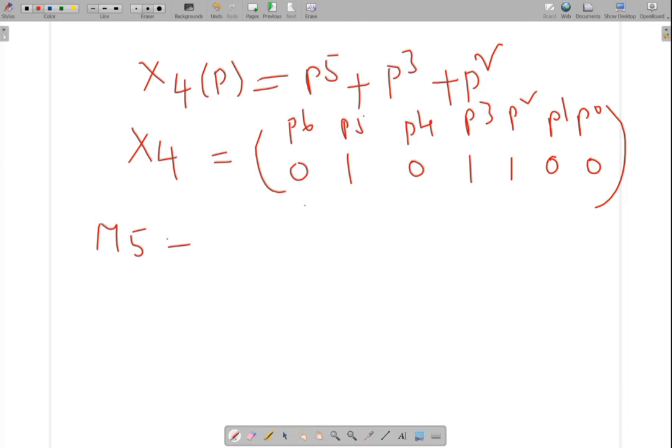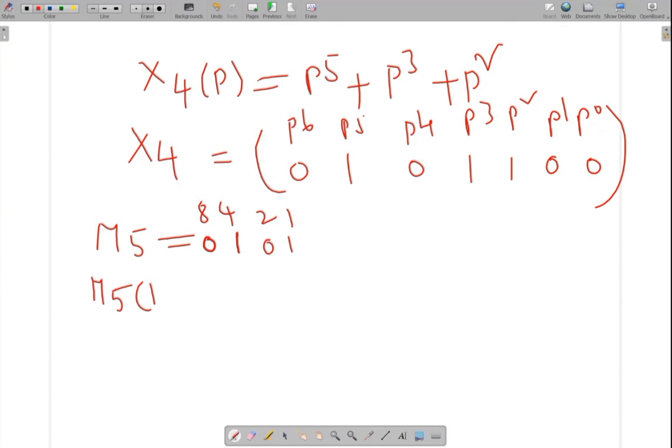Next one, M5. 1 2 4 8. 5 means 4 plus 1, 0 1 0 1. That means 4 plus 1.